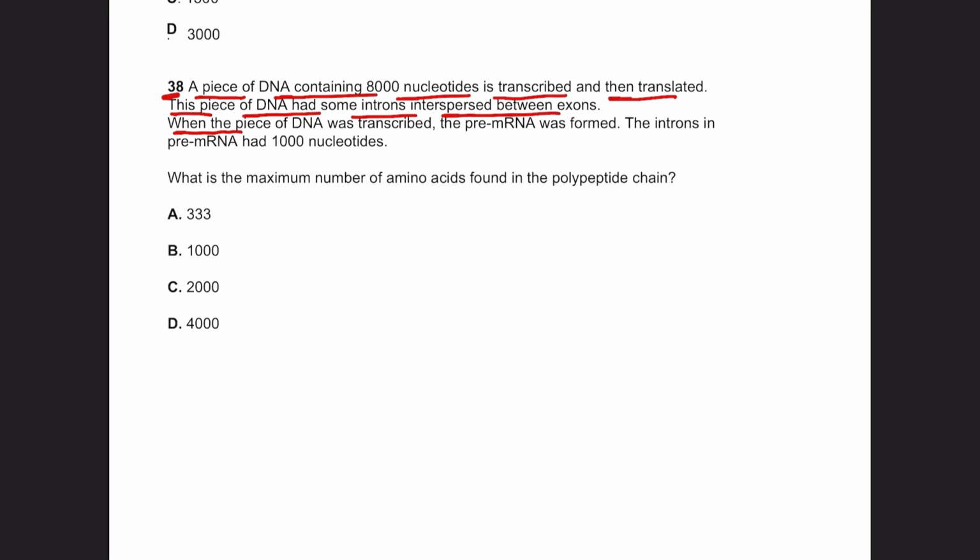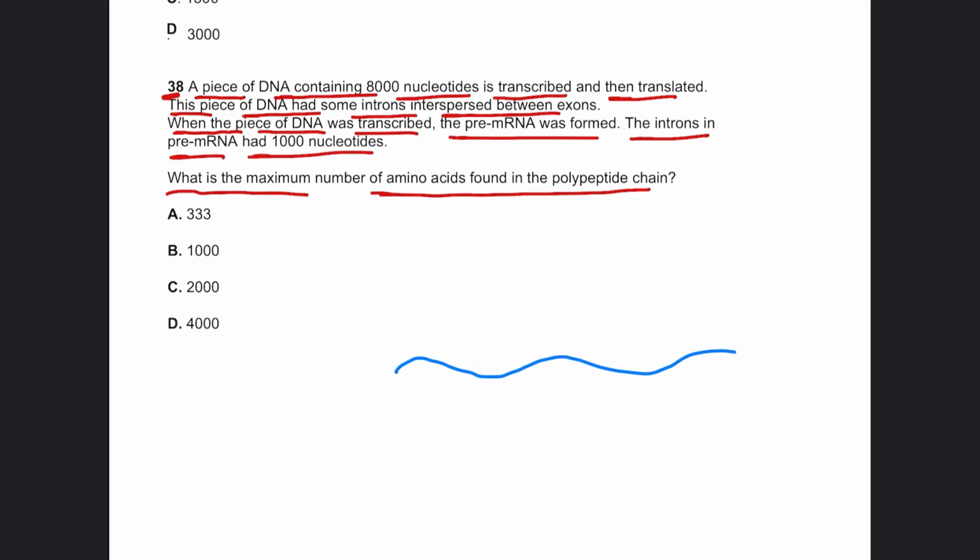When the piece of DNA was transcribed, the pre-messenger RNA was formed. The introns in the pre-mRNA had 1,000 nucleotides. What is the maximum number of amino acids found in the polypeptide chain? Okay, so in this MCQ, they say that there is a piece of DNA which contains how many nucleotides?